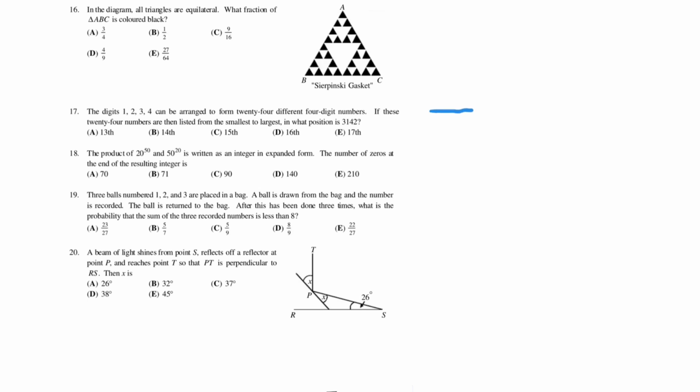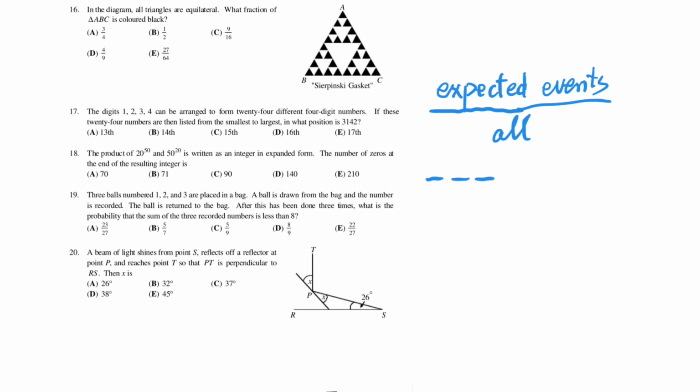So probability equals expected events over all events. So what are all the events? There are 3 balls in the bag.